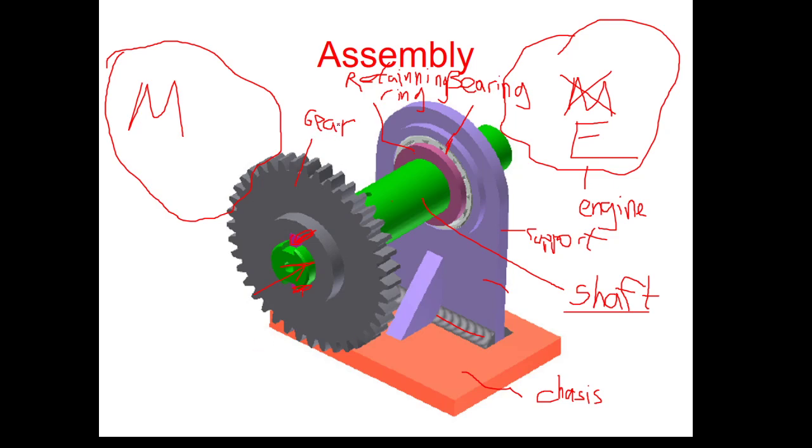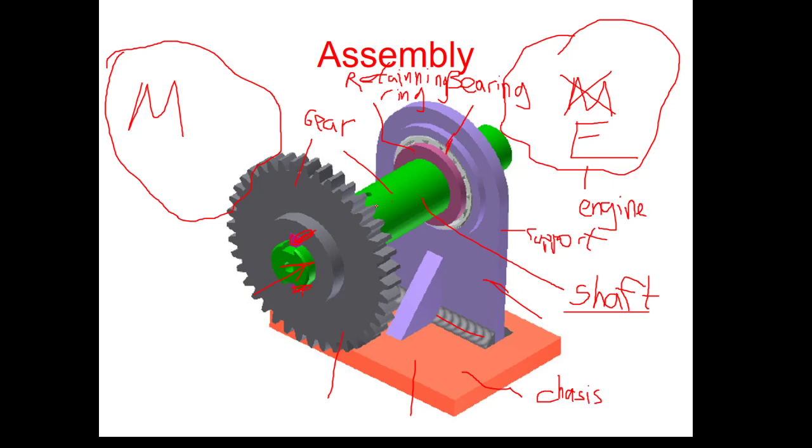In this example, gear is not a standard object, shaft is not standard, support is not standard, chassis is not standard. So in this example, there should be one assembly drawing and four detailed drawings.